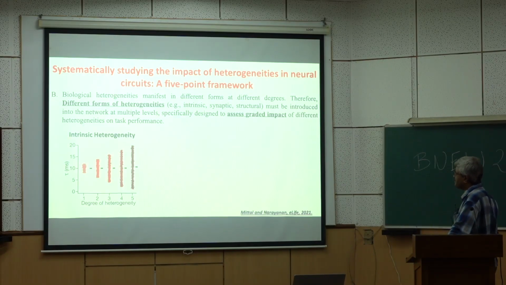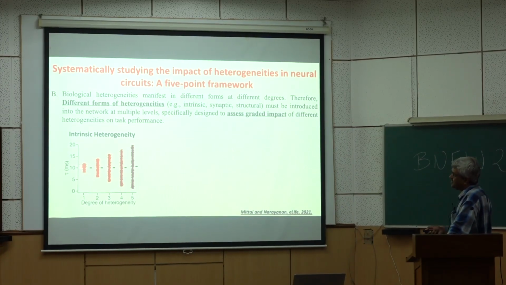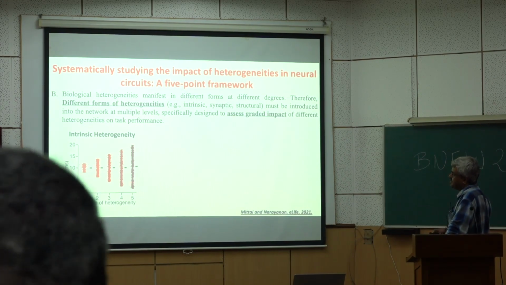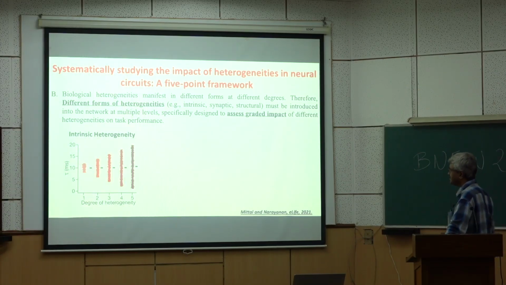That's one. Second, as we already saw, there are different forms of heterogeneities, and we don't know to what scale. There are even suggestions that several pathological conditions are because of changes in the extent of heterogeneities, not necessarily because of changes in baseline properties, but it's just that their heterogeneities either become higher or lower, and that is what is resulting in the pathological condition.